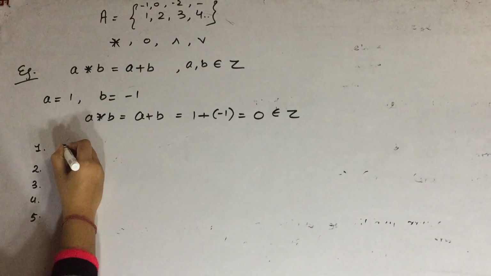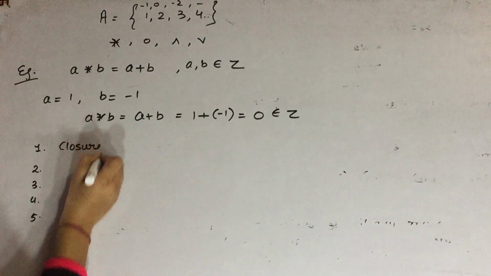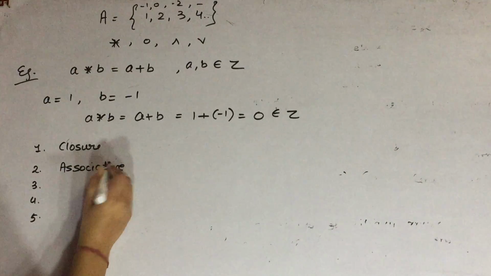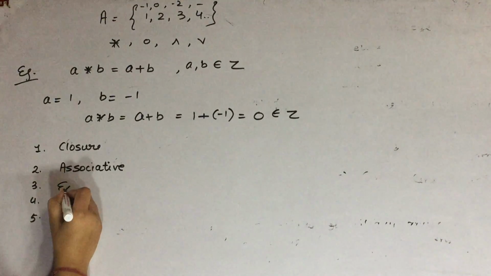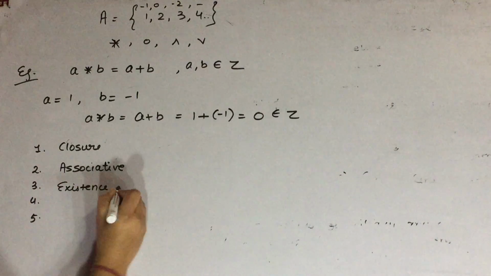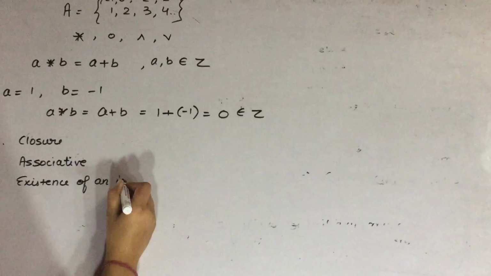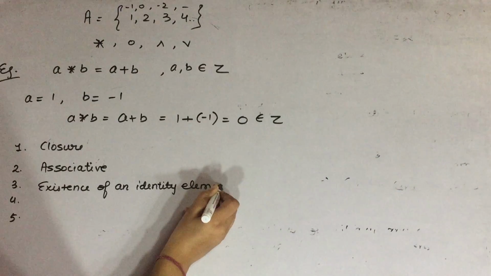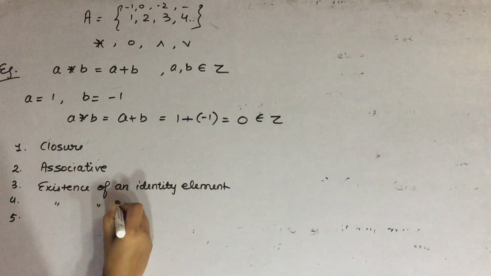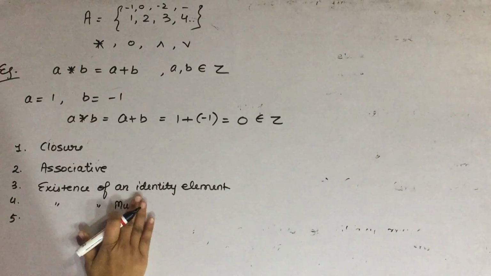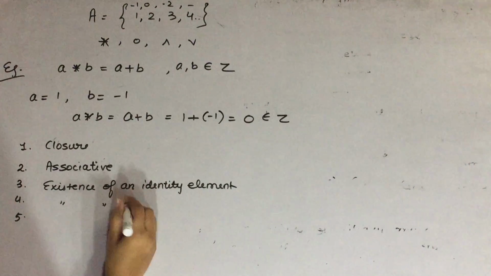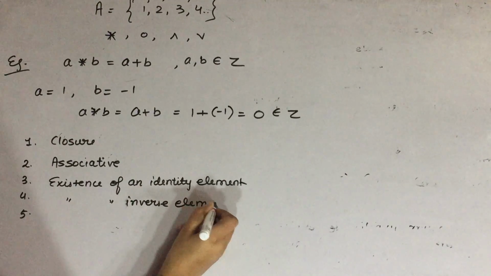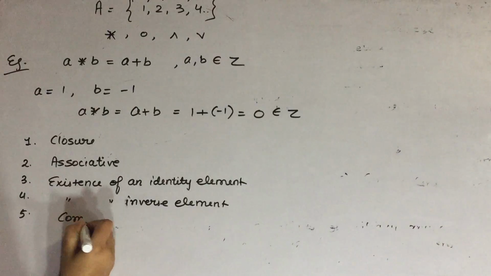Firstly, the closure property, associativity, existence of an identity element, existence of an inverse element, and the commutative property.